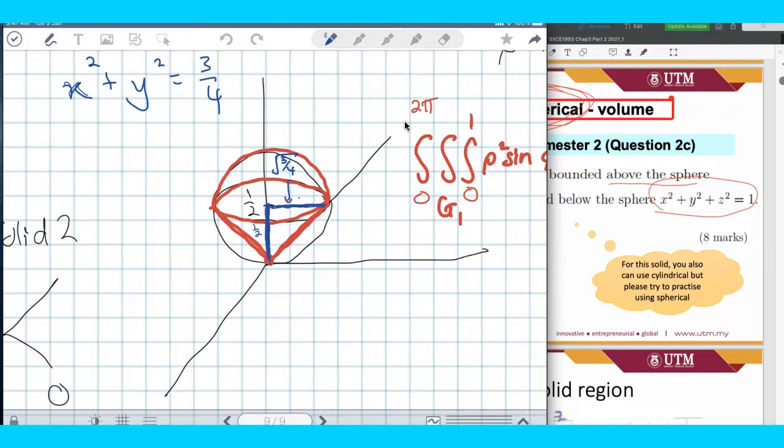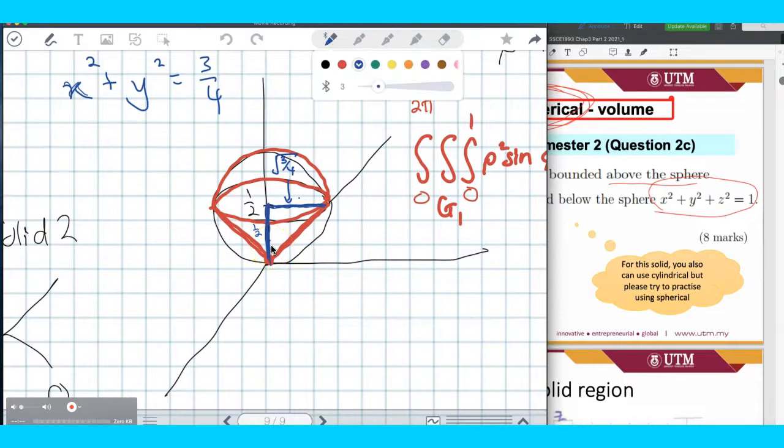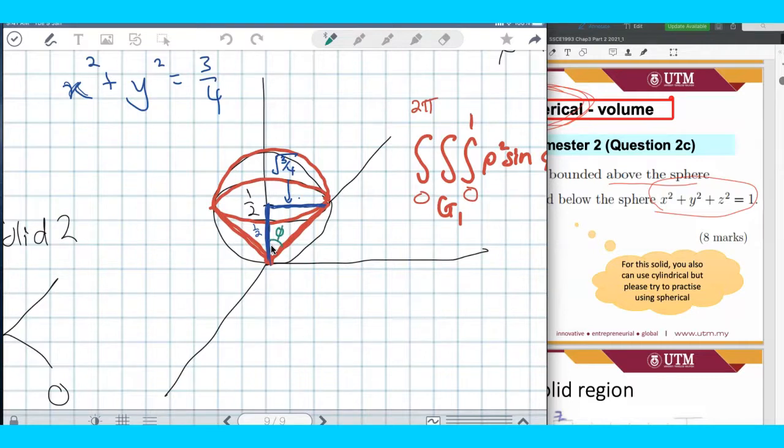For this line, how can we know what phi is? Phi is this angle. So how can you evaluate the angle here? You have to find phi so that you can put it into the limit for phi for solid one. Since you know the length of this and the length of this, we can use tangent.